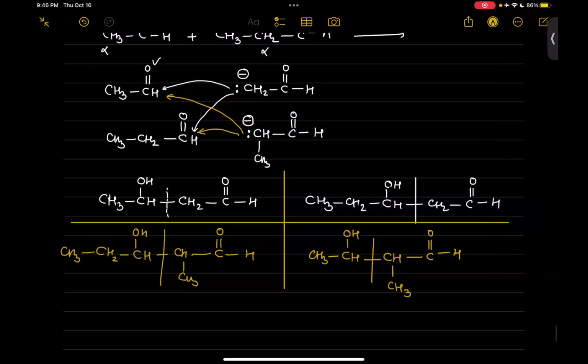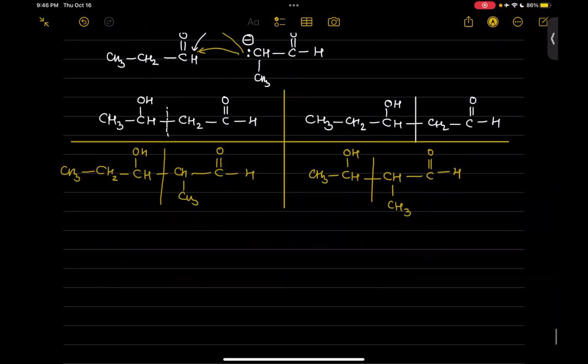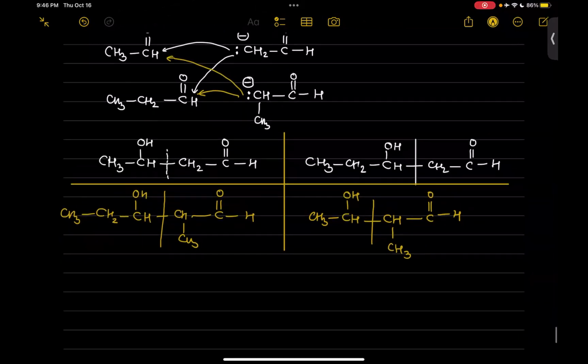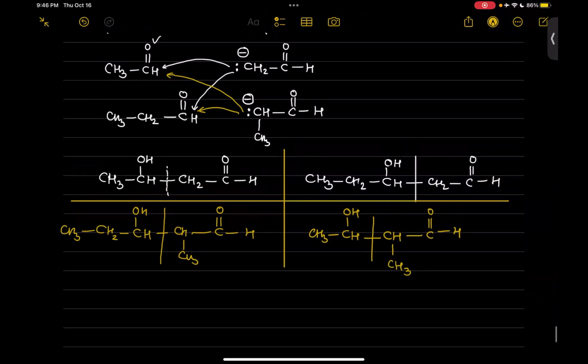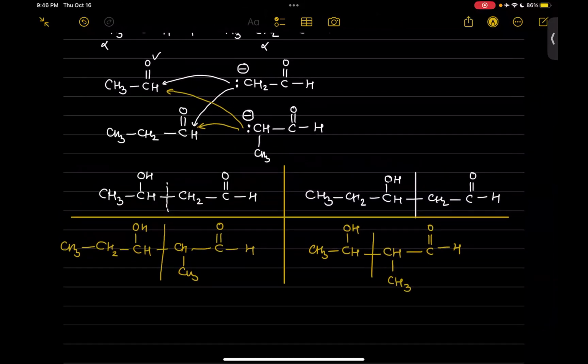Is it clear? The yellow ones are formed when the carbanion alpha carbon of the propanal attacks the CH3CHO. Is it clear or not? Won't the C=O double bond break in the reaction? Yes, that has already been broken.